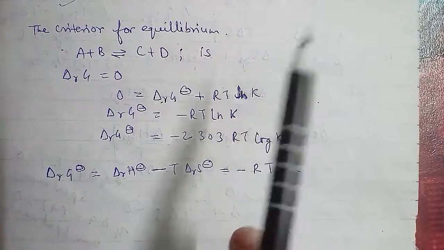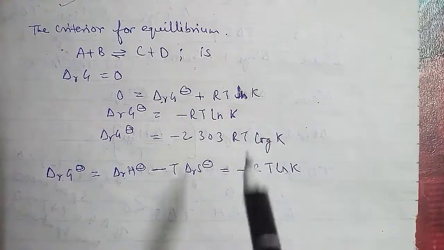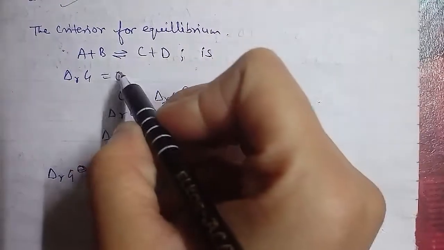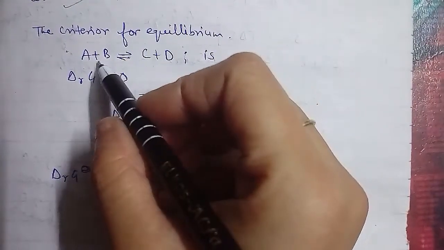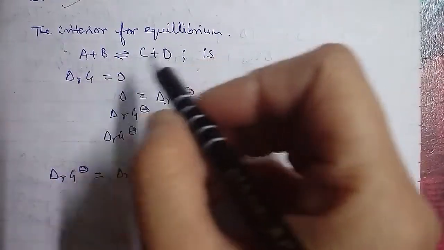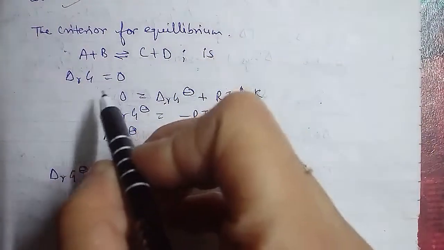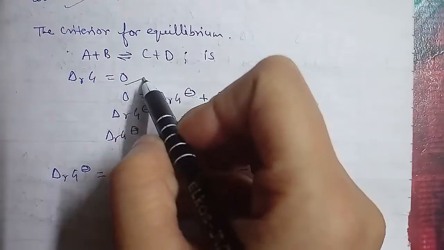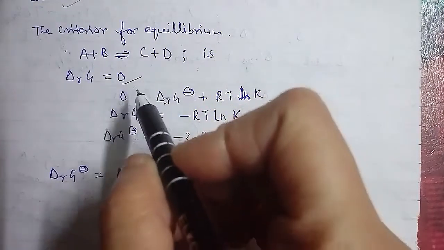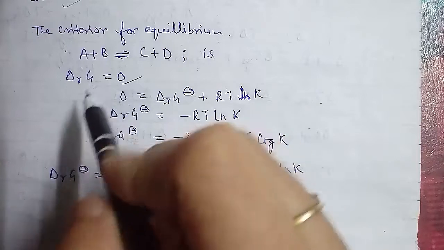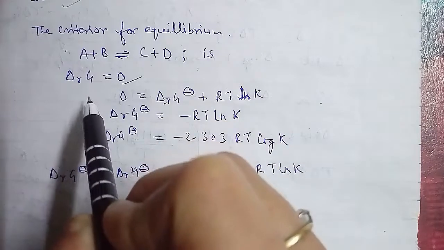So the criterion for equilibrium is that A plus B gives C plus D, as well as C plus D reverses to give A plus B. For that, delta r G equals 0 here. For the Gibbs energy of the reaction in which all the reactants and products are in the standard state, delta r G standard is related to the equilibrium constant of that reaction.